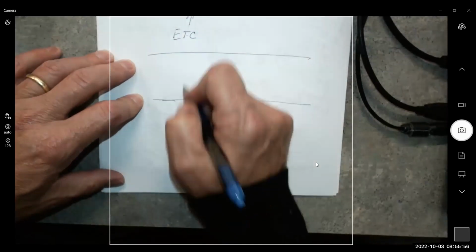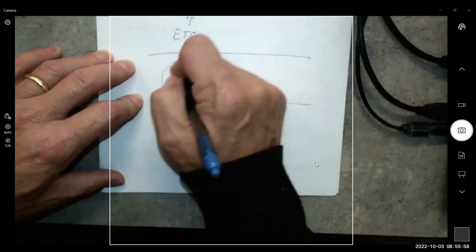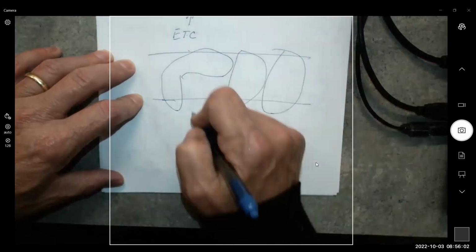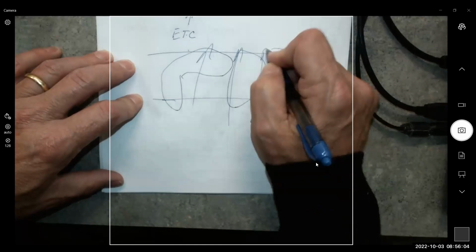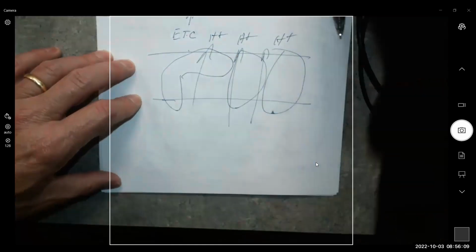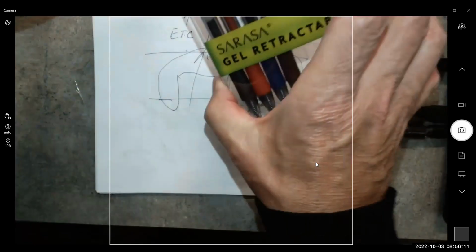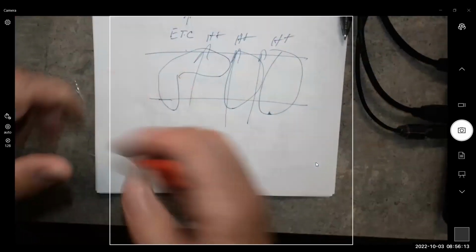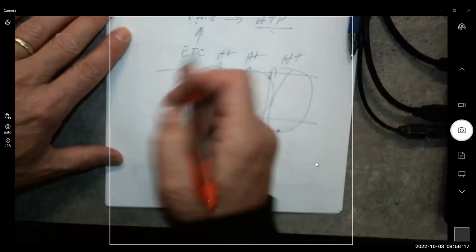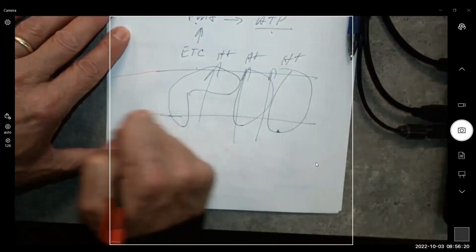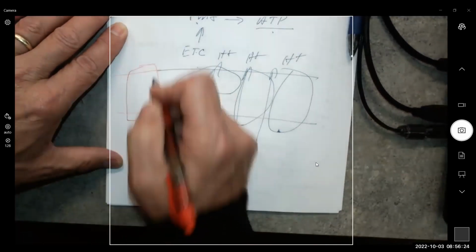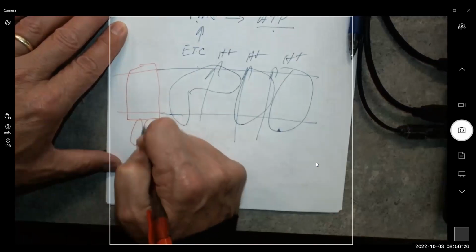You have your carriers, they pump the protons out here. In order to readmit those protons back into the cytosol, the cell has this thing called an ATP synthase.